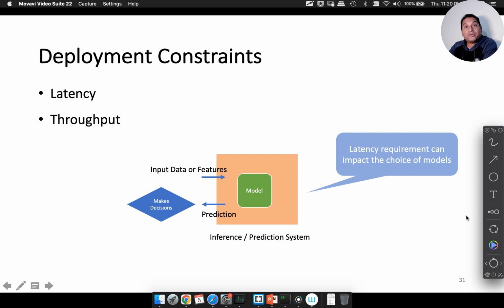There is a video in which I have discussed the prediction patterns. Go and watch that video, which explains in detail how the models are deployed and what the different constraints are that need to be taken care of. And these constraints have to be defined appropriately at the time of problem formulation.